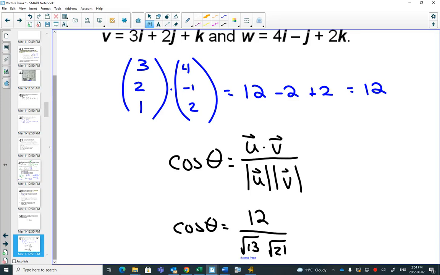And we can go to our calculator and do cos inverse of 12 divided by the square root of 14 times the square root of 21.